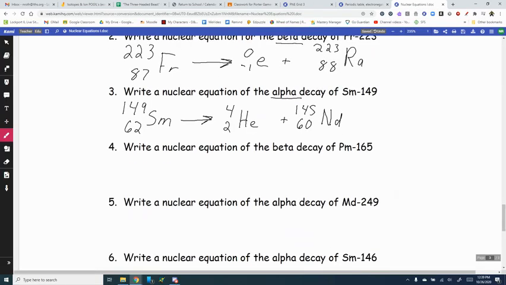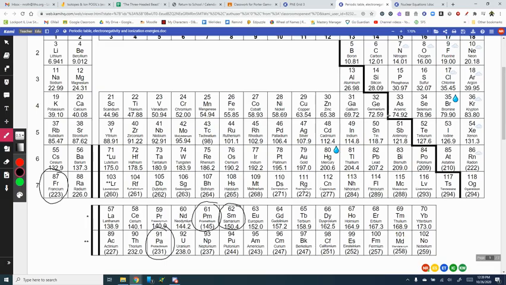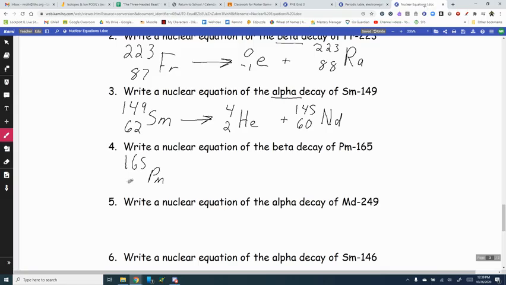Next one is beta decay of Pm. So 165 Pm. Pm is promethium, 61. We do our arrow. This is beta decay, so that's 0, -1, e.